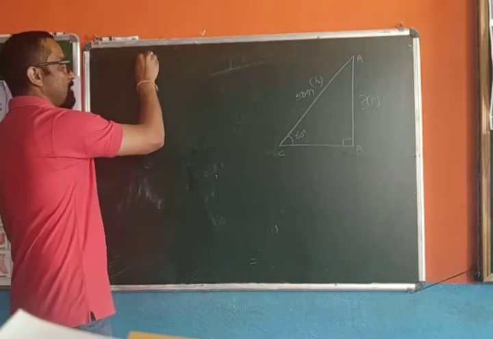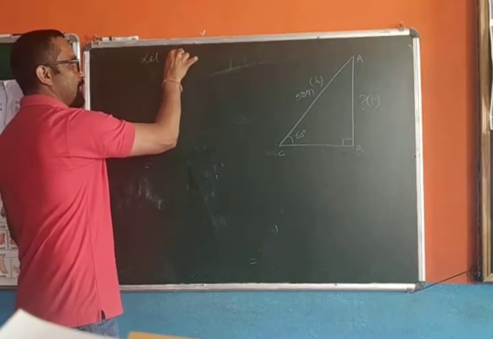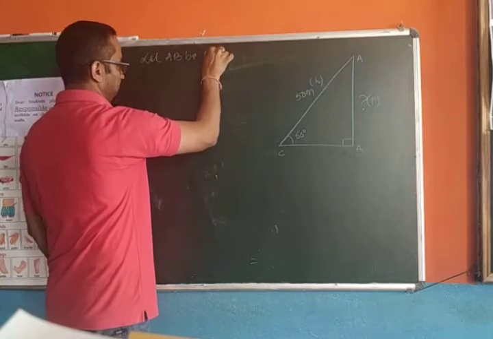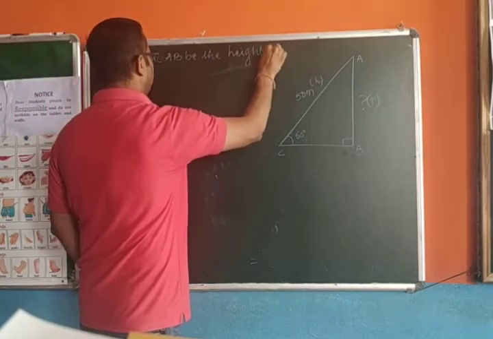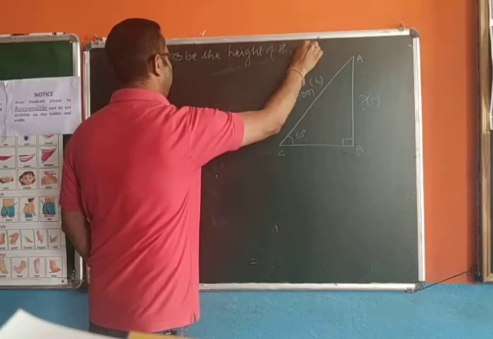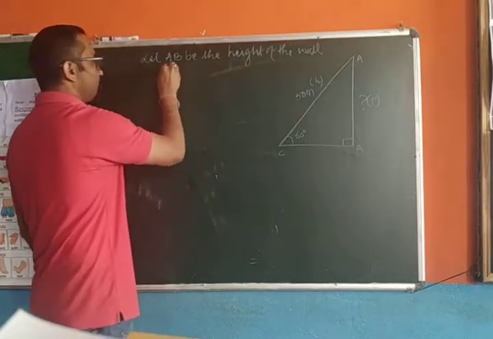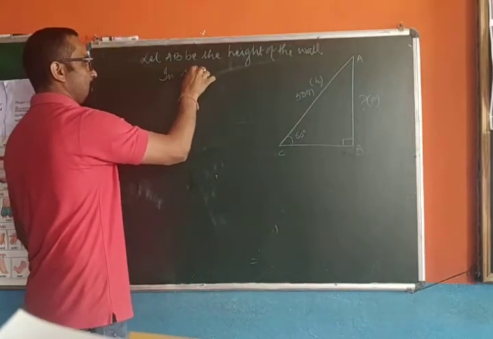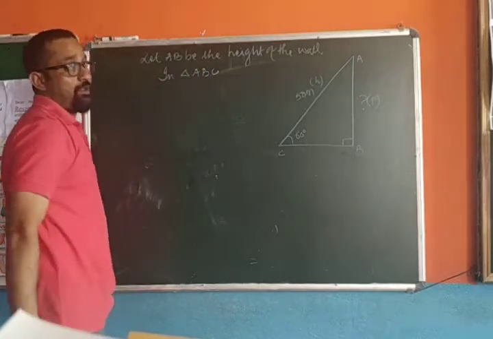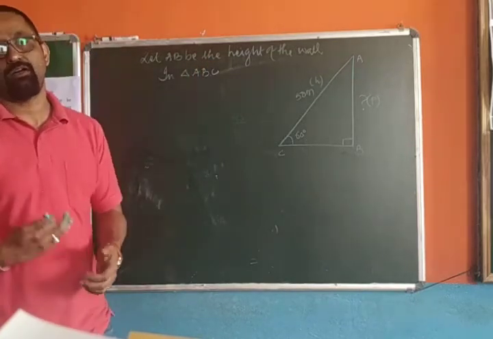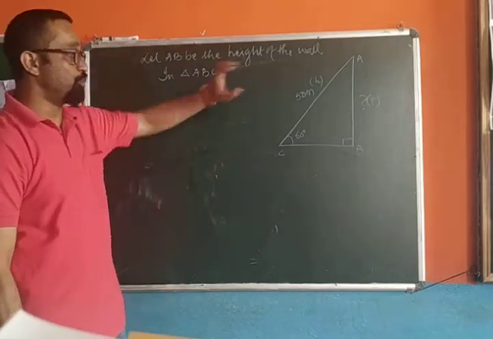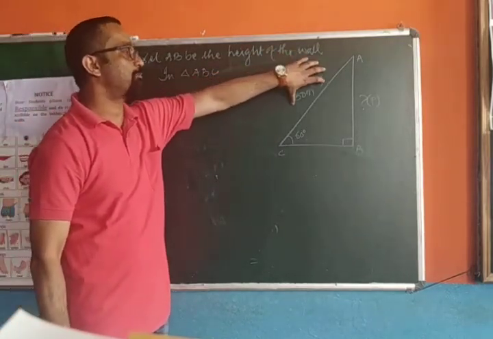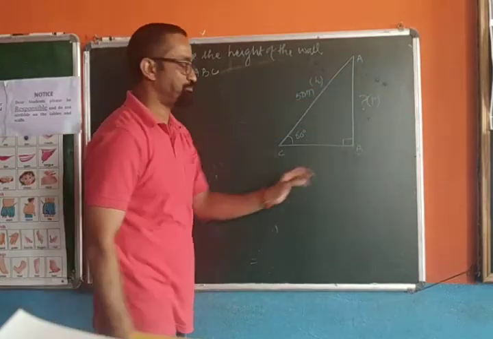Same assumption, let AB be the height of the wall. In triangle ABC, now you have to start assuming which trigonometrical ratio we should use which has hypotenuse and perpendicular.